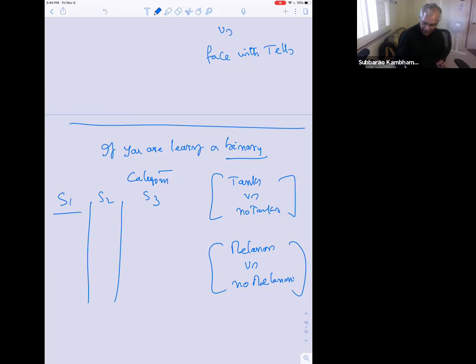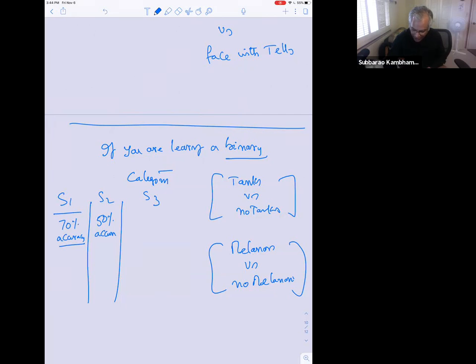System 1 has 70% accuracy. That means if it says it is yes, then it is yes with 70% probability. System 2 has 50% accuracy.